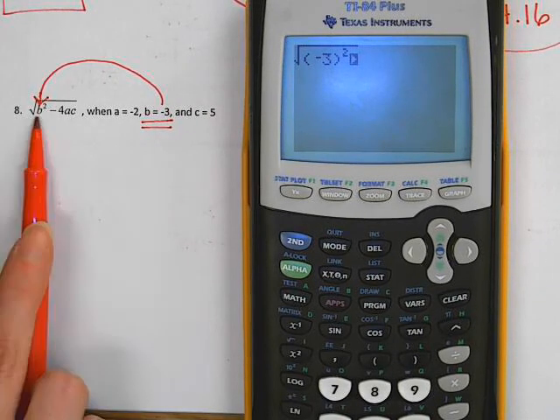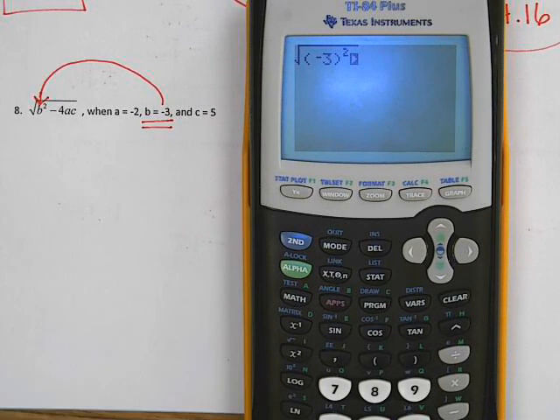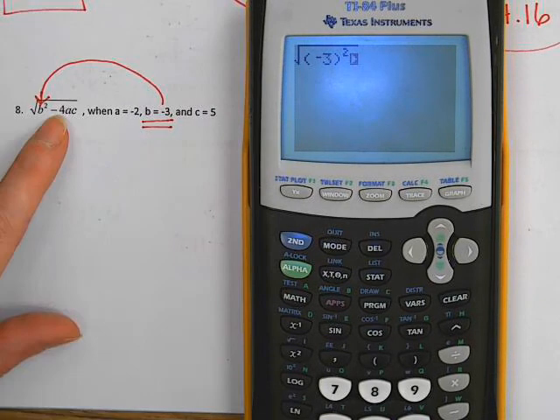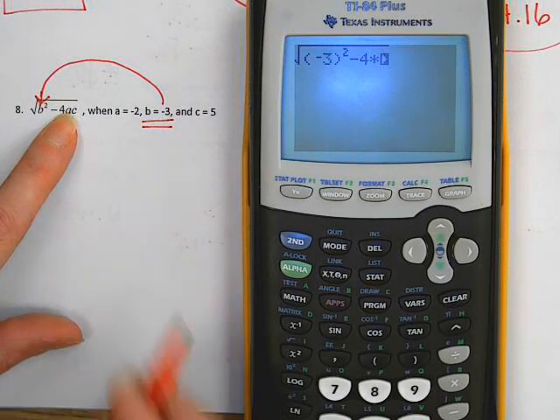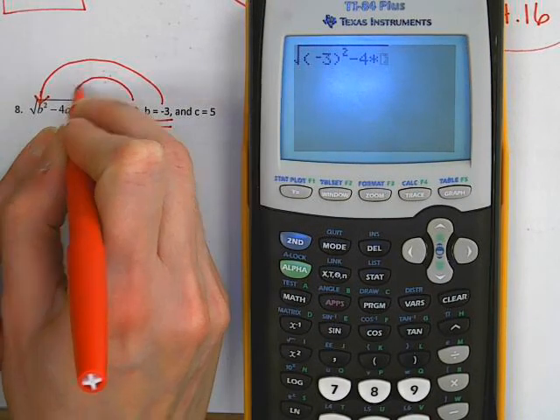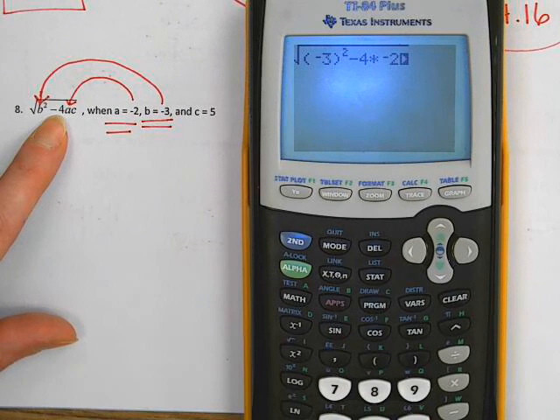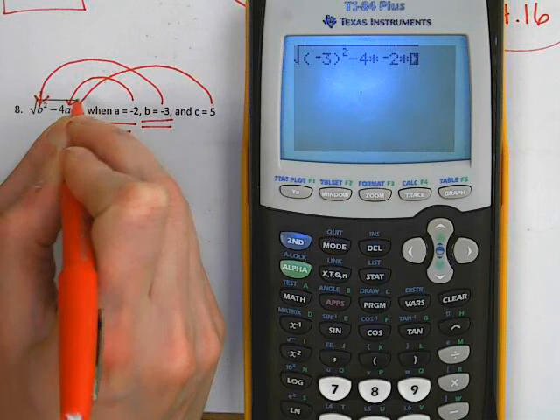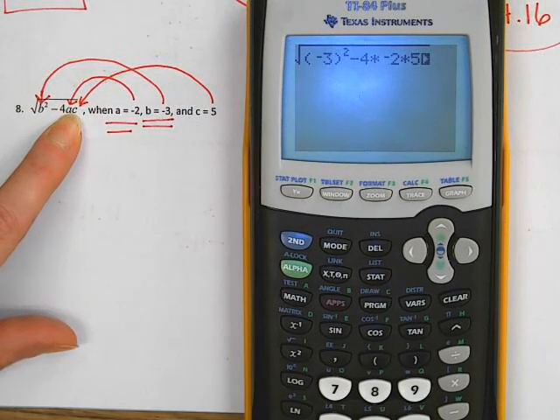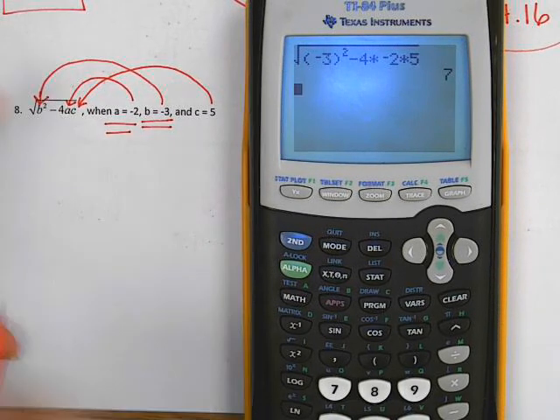If you forget the parentheses, it's going to be wrong. And then we have subtract. So hit the subtract. 4 times a times c. 4 times a, which is negative 2, times c, which is 5. Okay, so square root of b squared minus 4 times a times c, and you get 7.